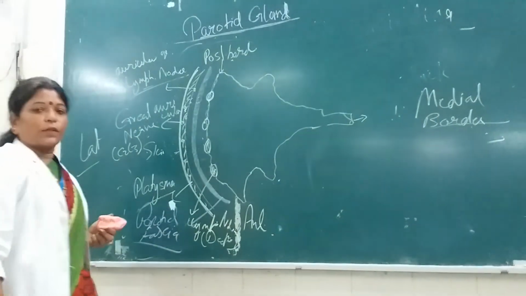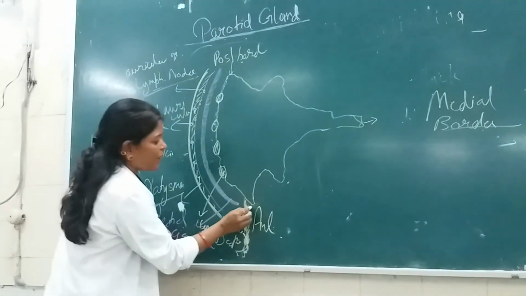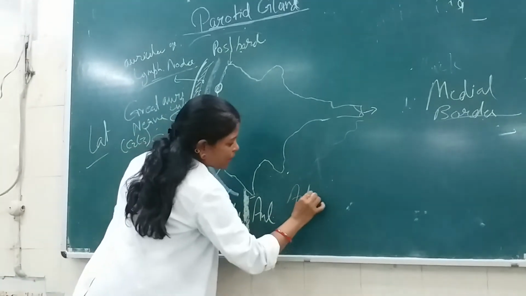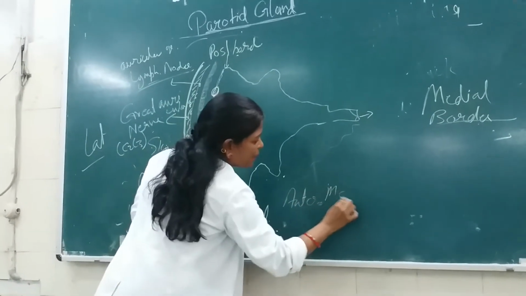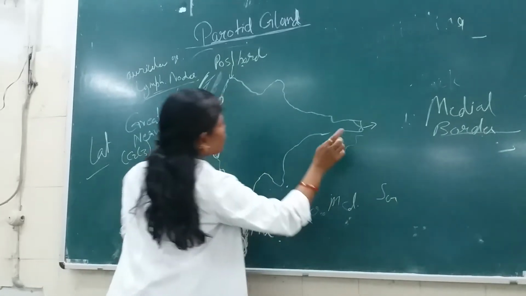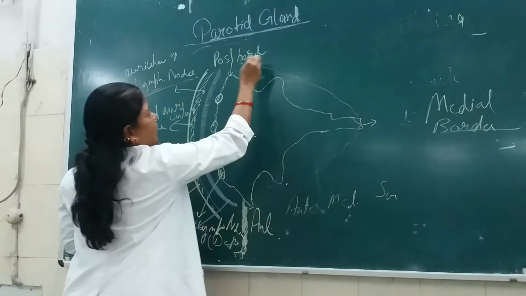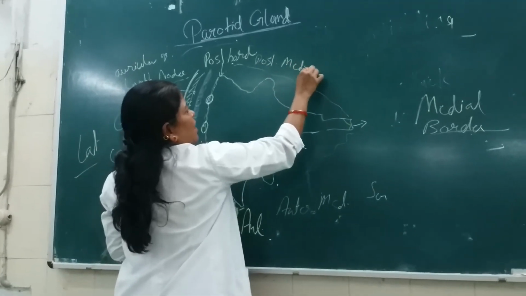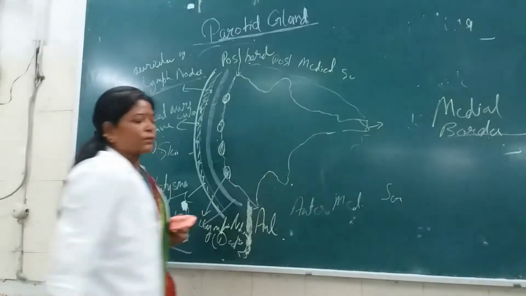Now the rest. From here to here, the whole of this is the anteromedial surface. Just opposite this would be the posteromedial surface. Isn't it?